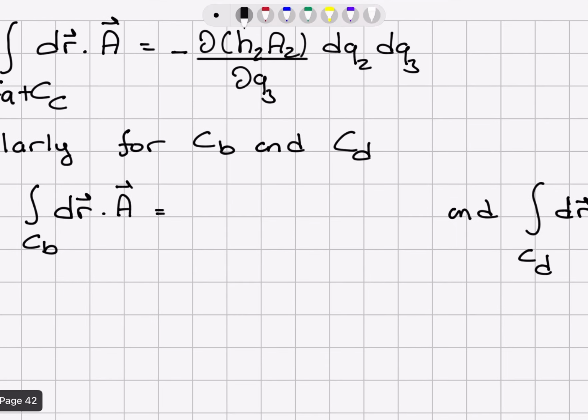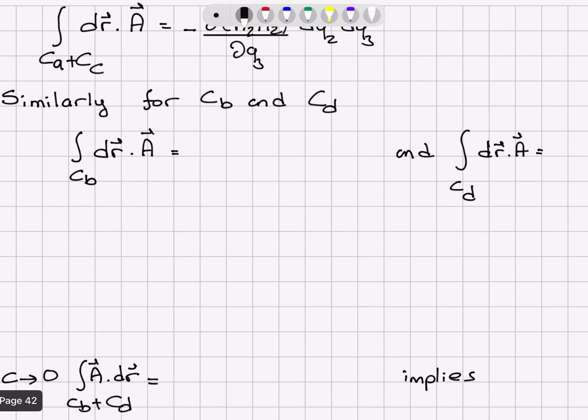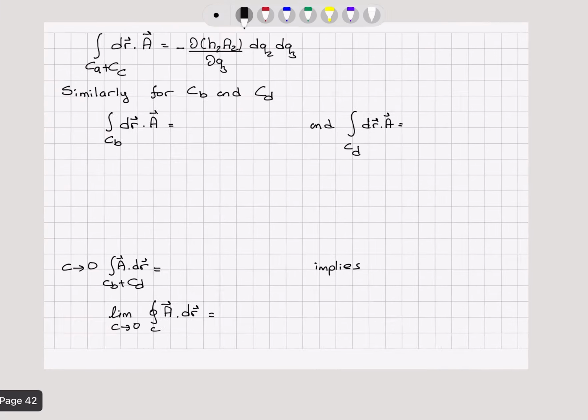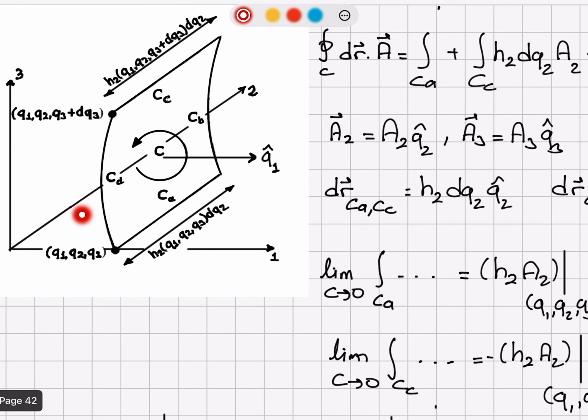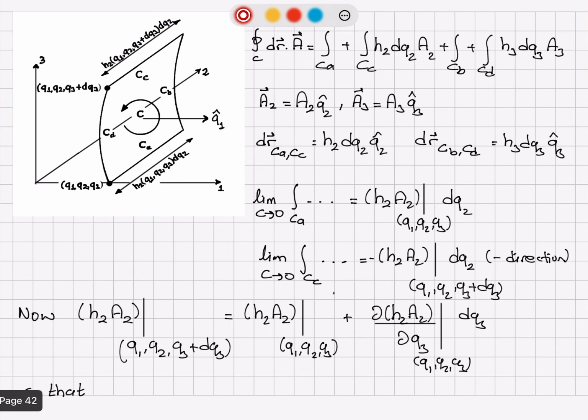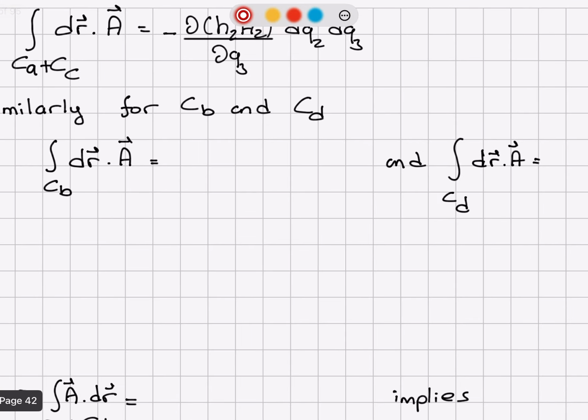Now if I do the same exercise for CB and CD, let me look at the CB part here. For CB part, I'm at Q2 plus dQ2 on the Q2 axis. For CD part, I'm at Q2. So similarly, we can write for the CB segment H3A3.